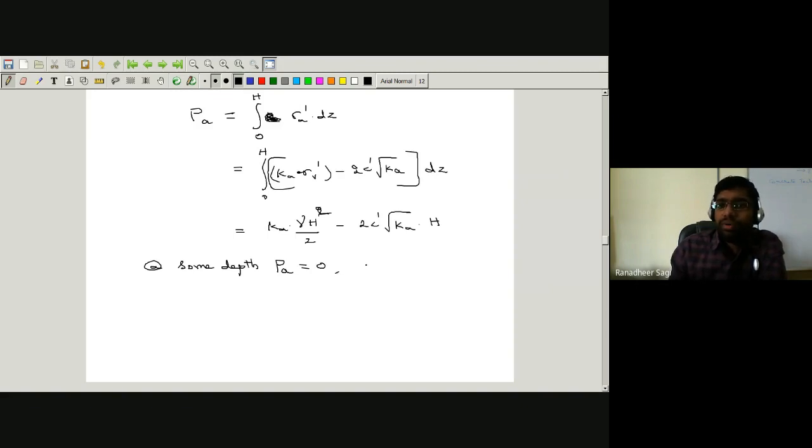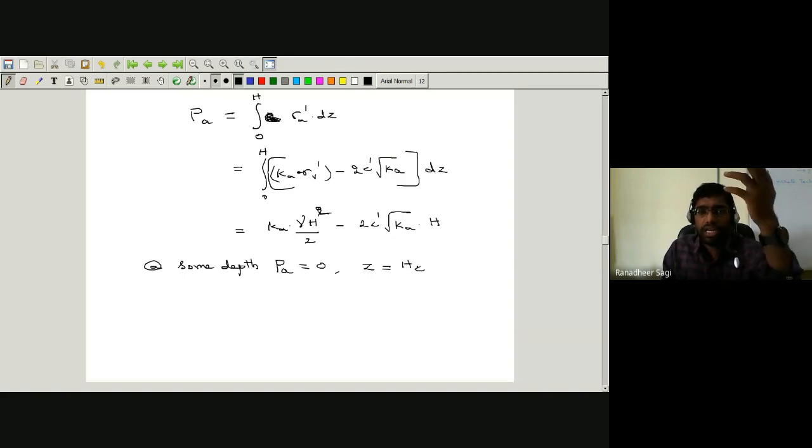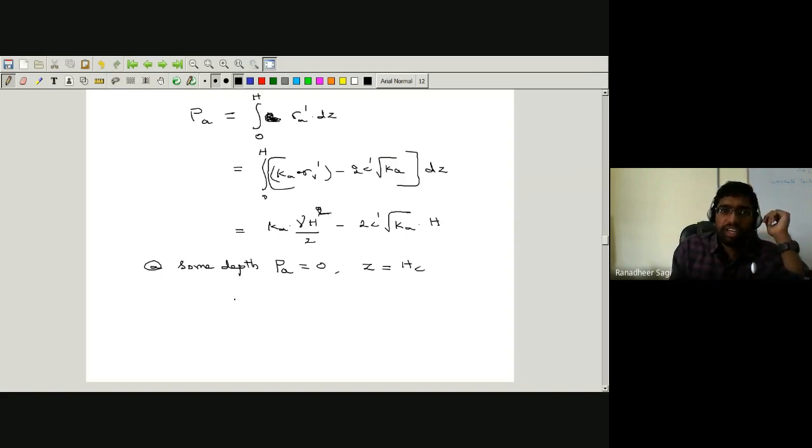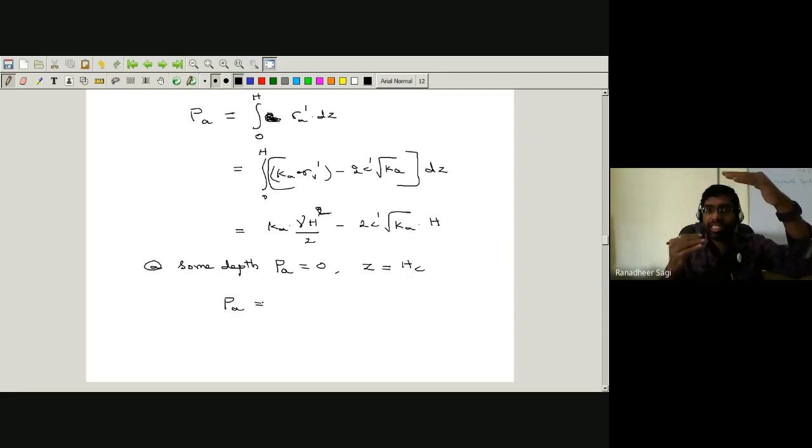And I am saying that, okay, at a depth z equal to hc, your so-called earth pressure force is becoming 0 in that particular soil. So when I say at z is equal to hc, then it means that in the integral function, you are going to be substituting over the depth of the retaining wall, which is not h, it is over hc depth only.